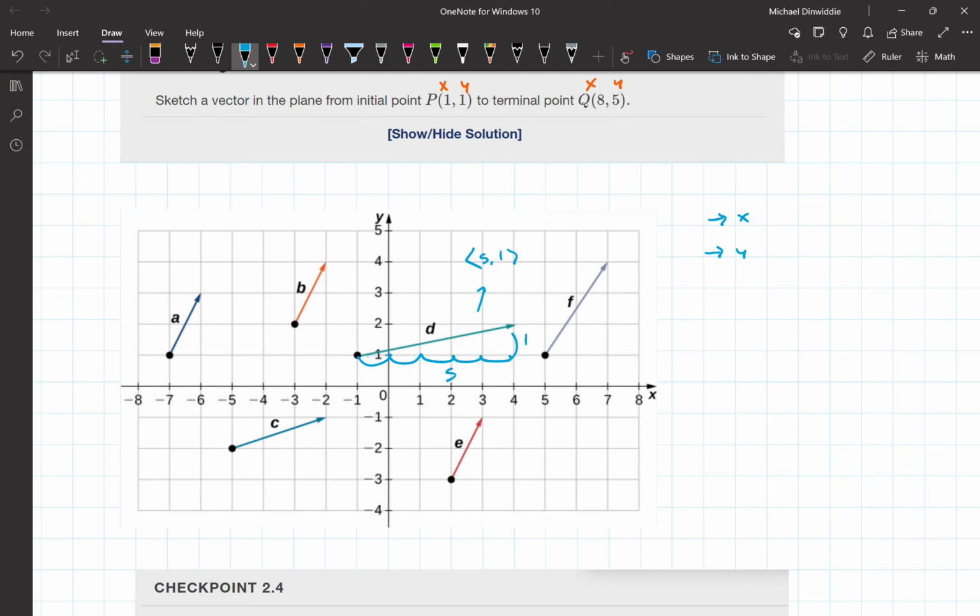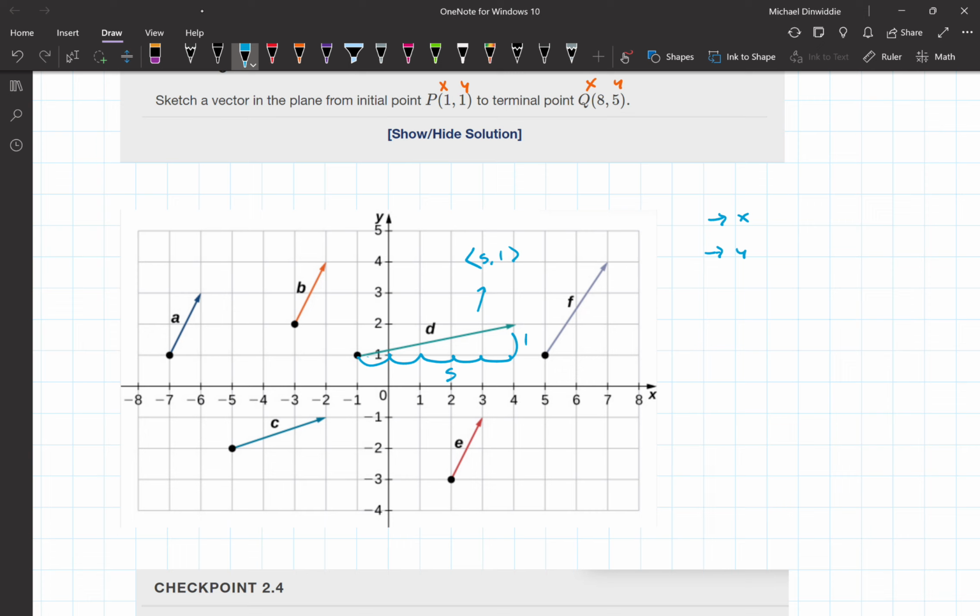That's different than a point, right? A point has the regular parentheses, and a vector is going to have your angular brackets like that. So D is 5, 1 because that's the direction set. Notice that has very little to do with the actual point where it sits. It starts at -1, 1, and we go to 4, 2. And we talked about this, remember?